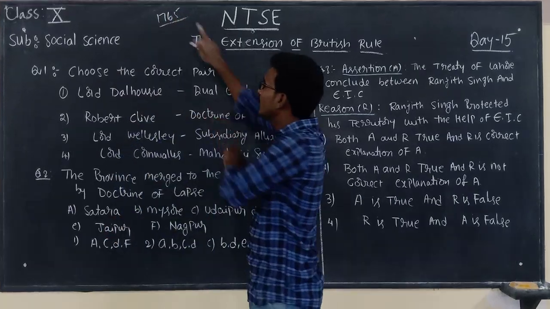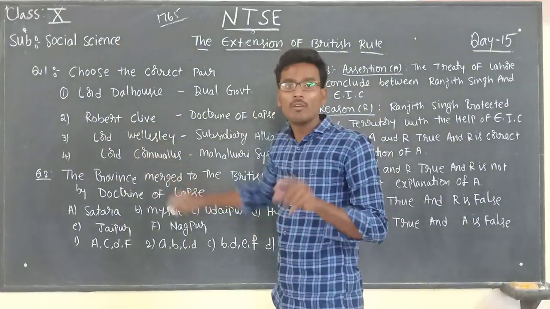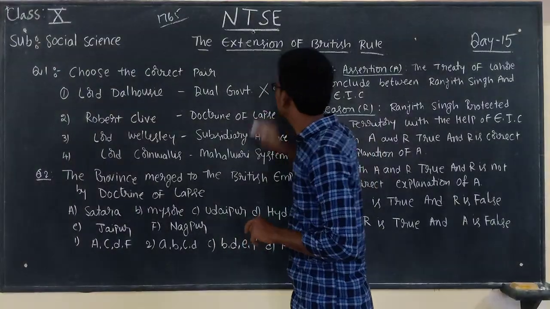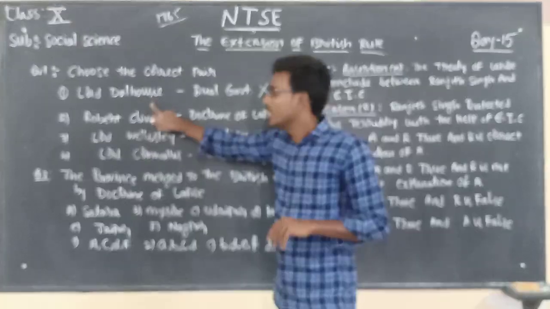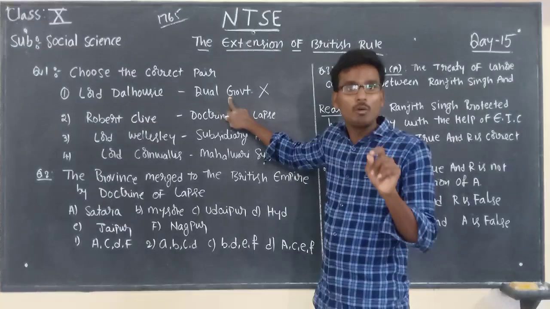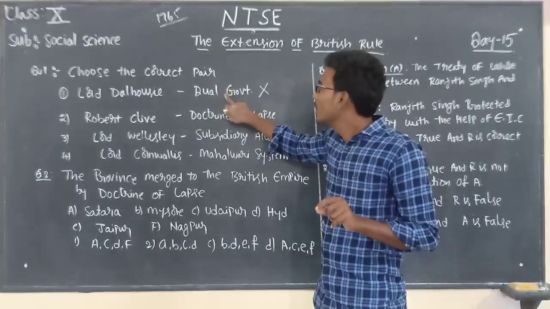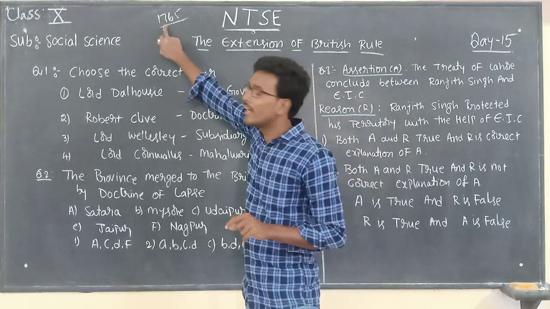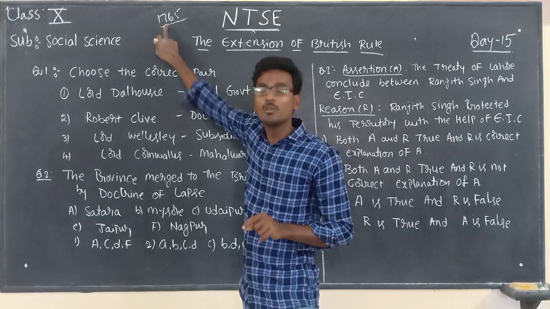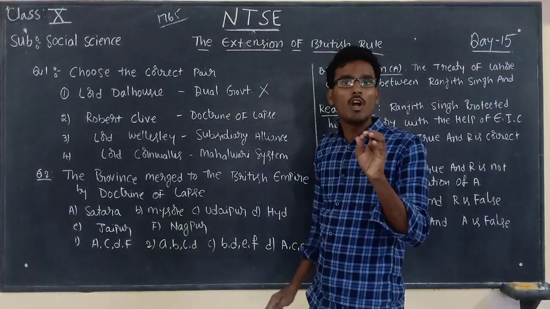Dual government was implemented by Robert Clive in 1765. So now the first pair is wrong. Lord Dalhousie, dual government, is a wrong one, because dual government was introduced by Robert Clive in the year 1765. So the first matching is a wrong one.